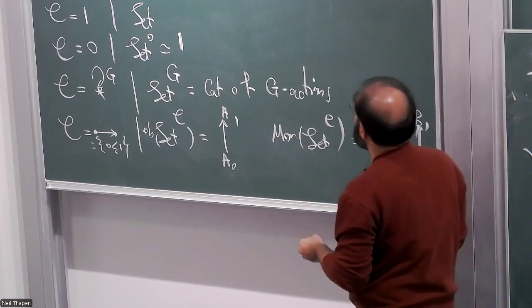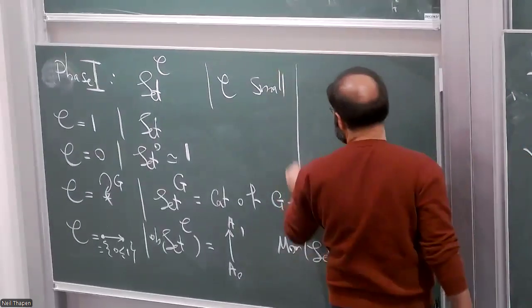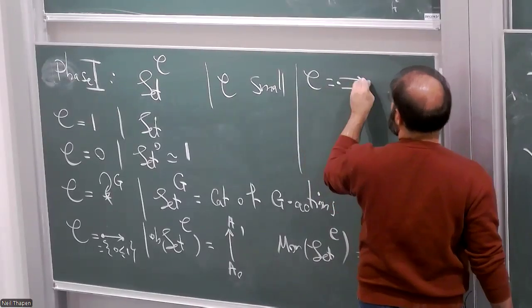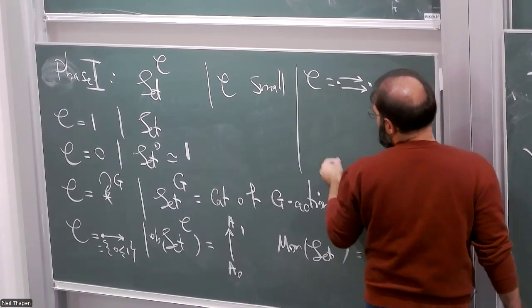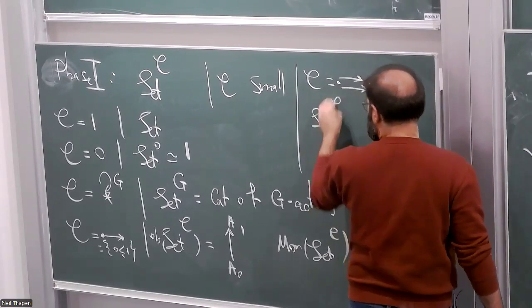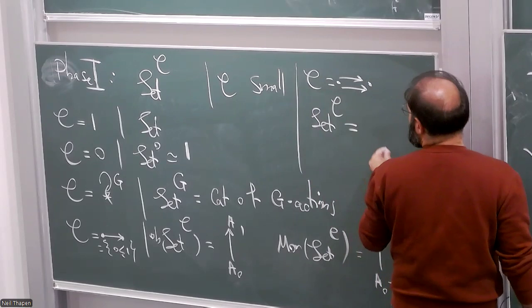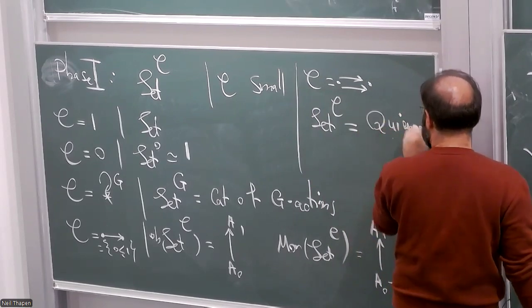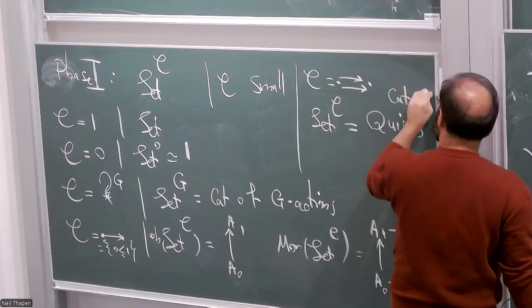And probably the last one that we saw was that if C is this abstract star category, two nodes and two maps, then Set^C, which is also of course a topos, is just the category of all quivers. What is a quiver?